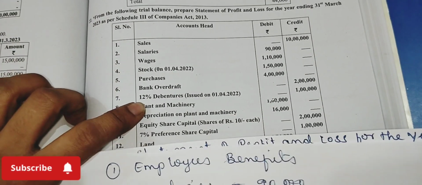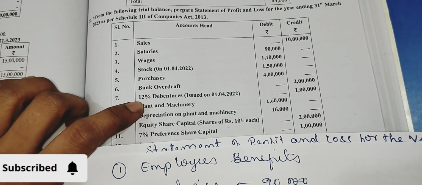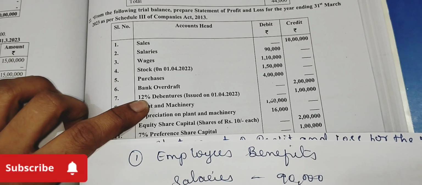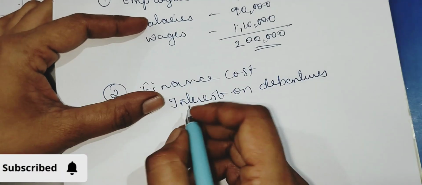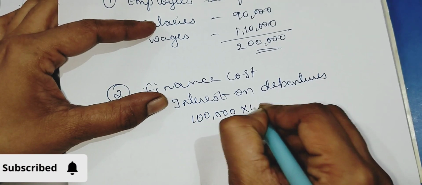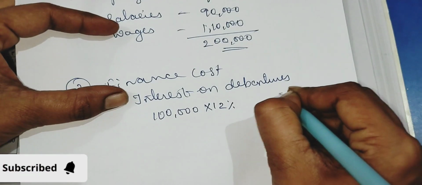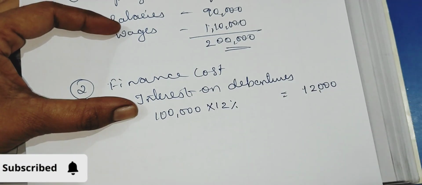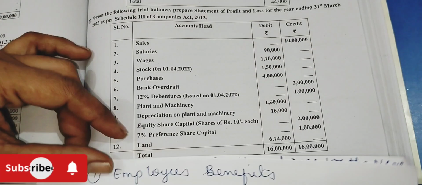The rate of interest is always given with the name. So this percentage represents the interest rate. Interest on 1 lakh at 12%. 1 lakh into 12% means 12,000. 12,000 is the interest.